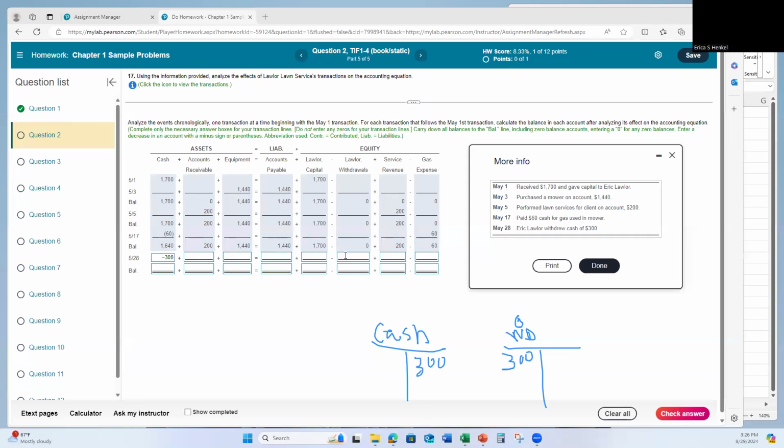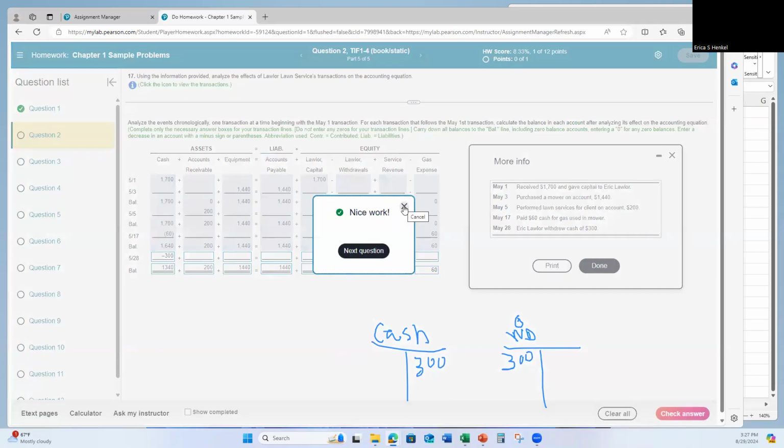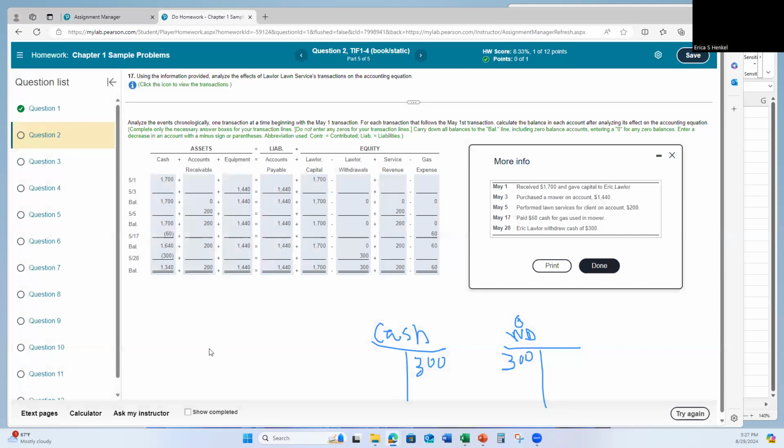So that's going to be 300 there. Then we're going to have left over here 1,340 in cash, and then carry those balances down. That gets us our ending balances for our accounts. So that is problem number 2.